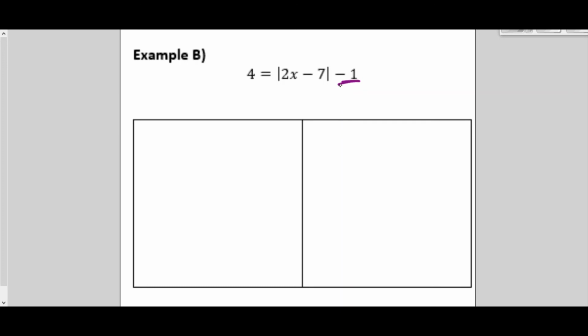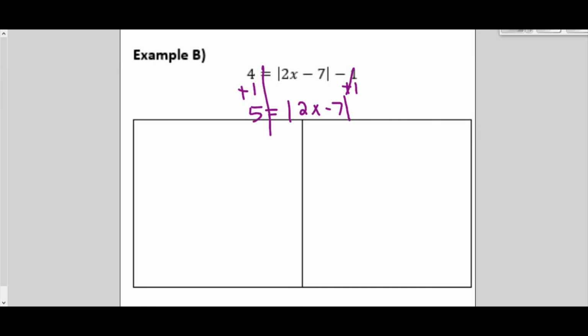So you need to get rid of the -1 first. The way that you get rid of the -1 is by adding 1 to both sides. So this 1 and that -1 cancel. So I get 5 equals the absolute value of 2x minus 7. Notice nothing inside the absolute value changed. The only thing that's different is there's now nothing outside the absolute value.